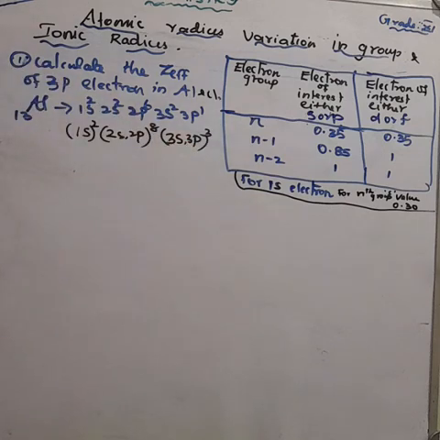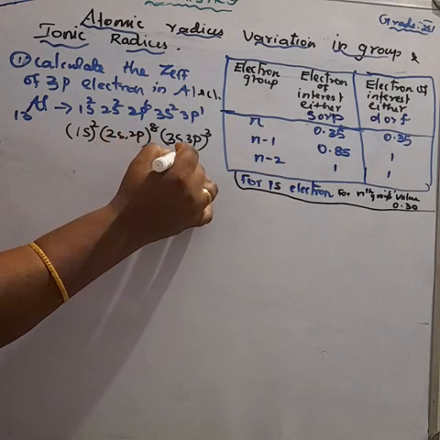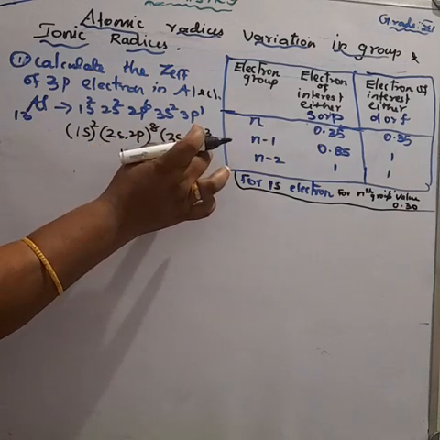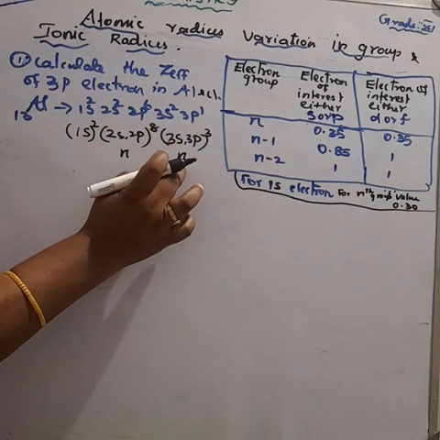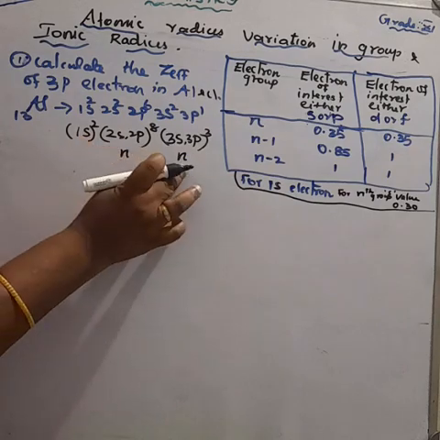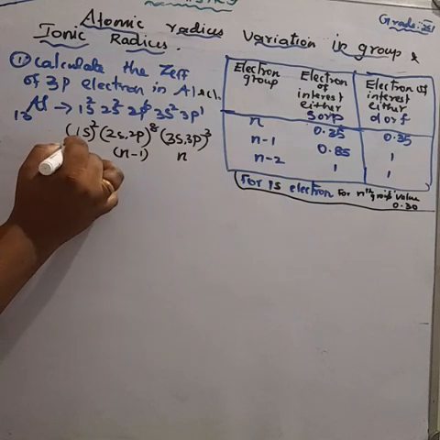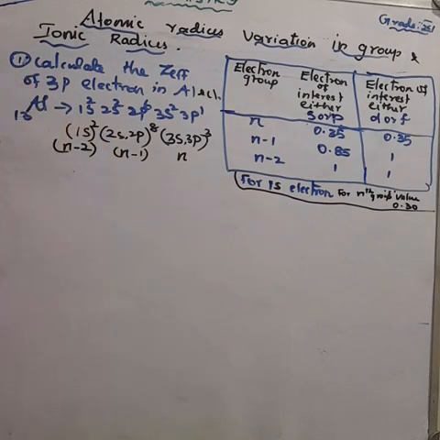Now we give names: the group we have chosen is called n, the last orbit, the nth group. Before that is n minus 1, and before that n minus 2.